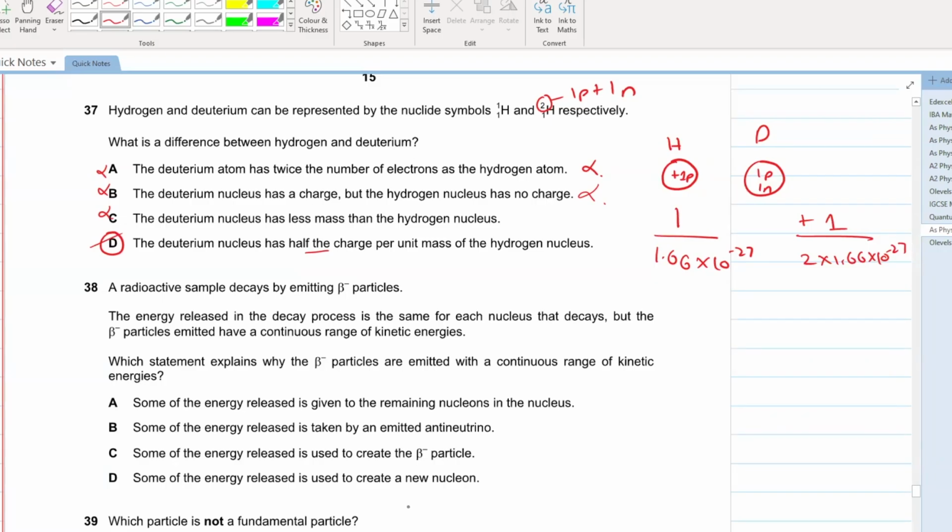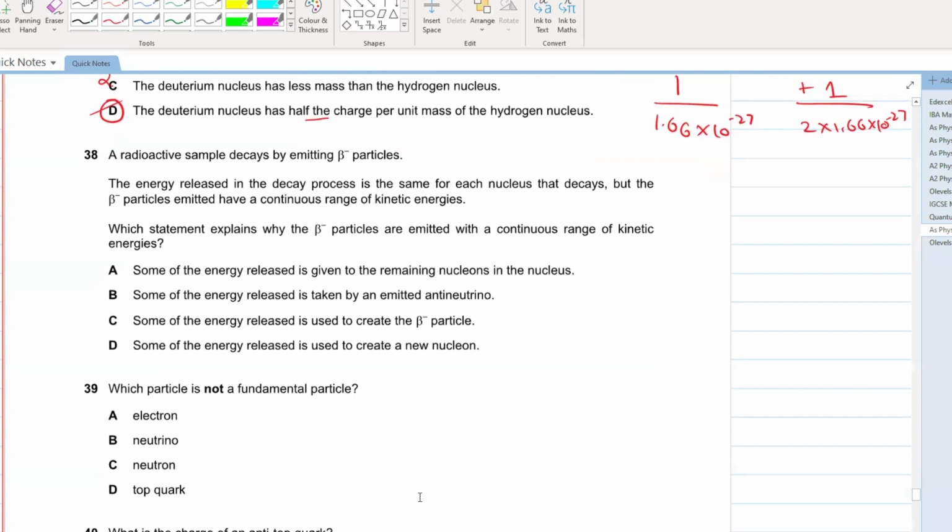A radioactive source or sample decays by beta negative particles. The energy released in the process is the same for each nucleus that decays, but the beta particles have a continuous range of kinetic energies. Which statements explain why the beta particles are emitted with a continuous range of kinetic energies?